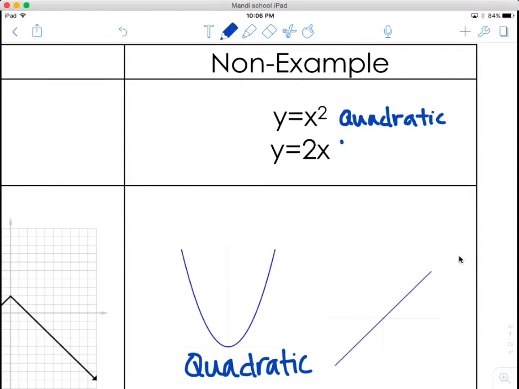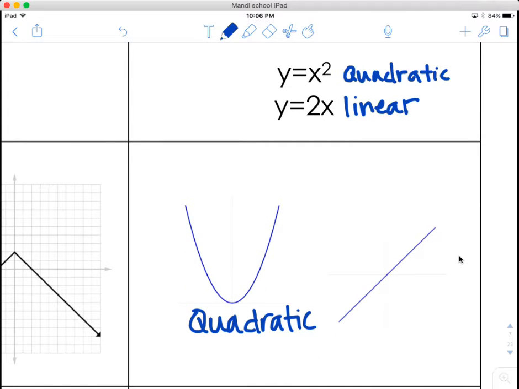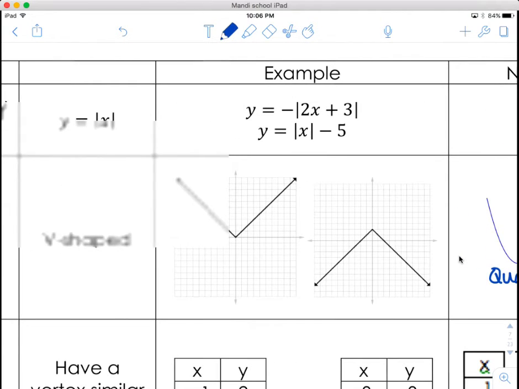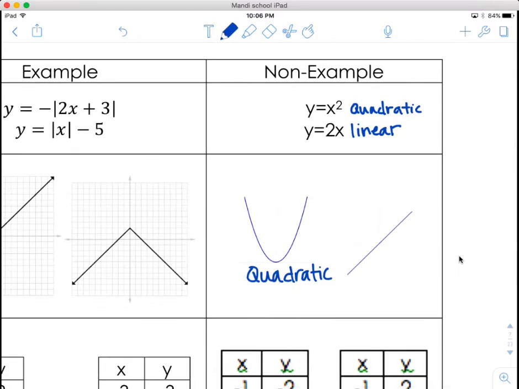This would be linear because it just has an x. So looking at the examples down here, let's go back to the beginning. It's V-shaped. It can open up or down. We know that this one's quadratic and we know this one's linear, so these are not absolute values.